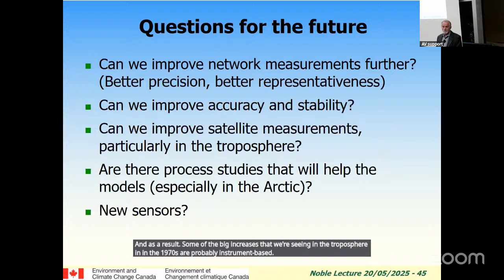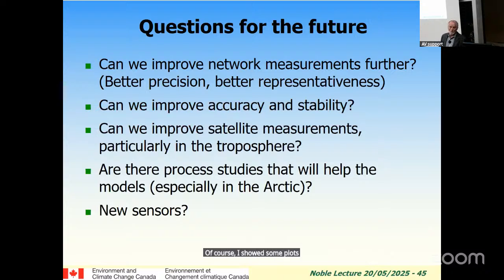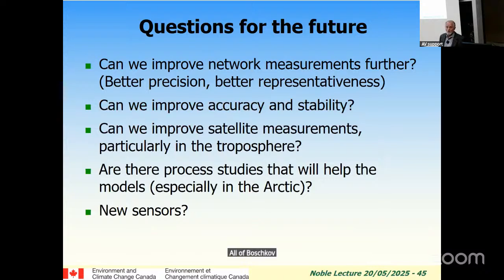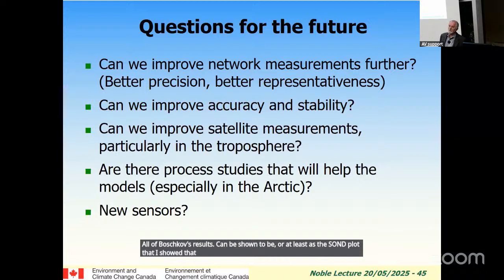And of course, I showed some plots from ozone sondes in the 70s in the talk yesterday, and that led to the idea that tropospheric ozone was increasing rapidly. That was mostly an instrumental effect. All of Bozkov's results can be shown to be, at least as the sonde plot that I showed that came from Bozkov's 1984 QS paper.